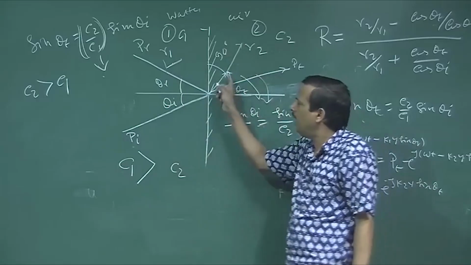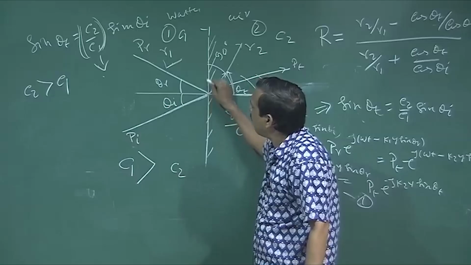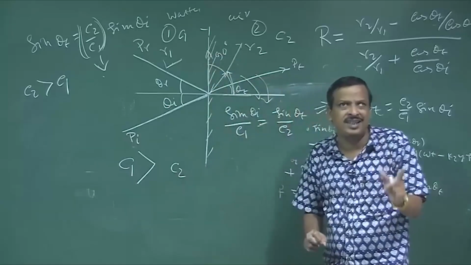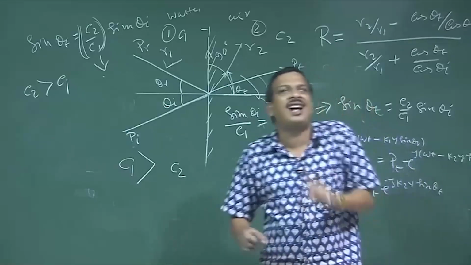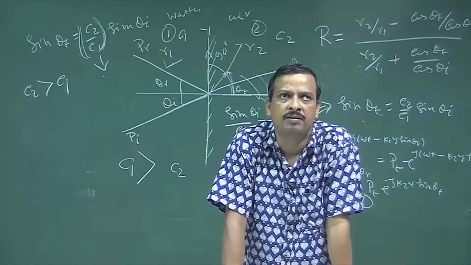Okay. So, if the angle of incidence is such that the angle of transmission is 90 degrees, then that incident angle is called the critical angle. Okay.